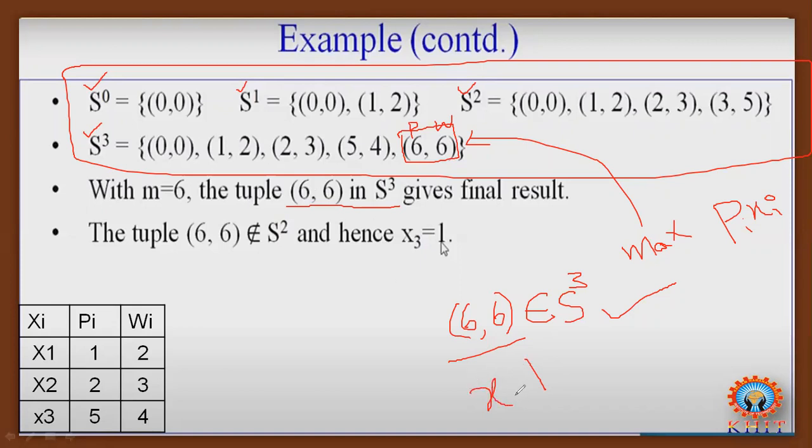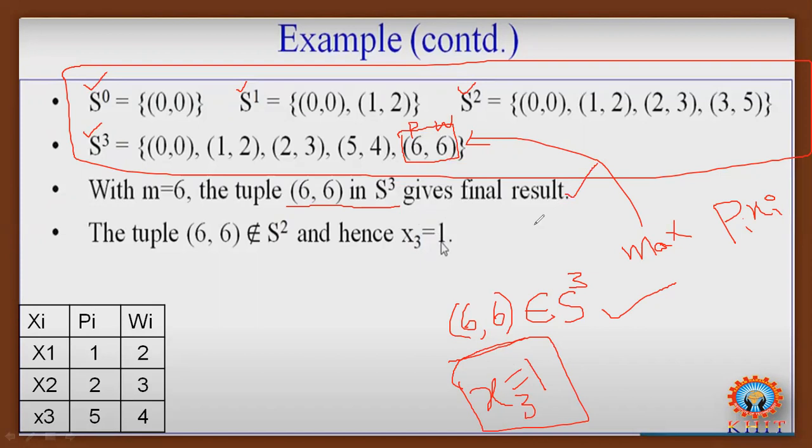What is the I value? 3 here. X of 3 equal to 1 means that the third item is to be selected and placed in the bag. Once the third item is selected and placed in the bag, the total weight is 6 and profit is 6. So 6 comma 6 belongs to S3, which gives the final result.